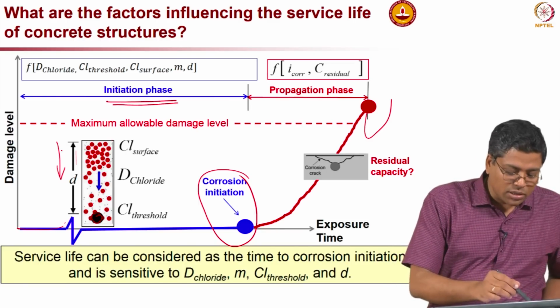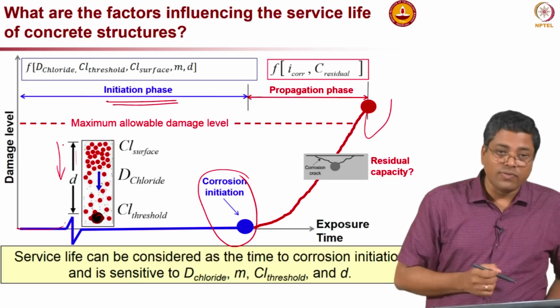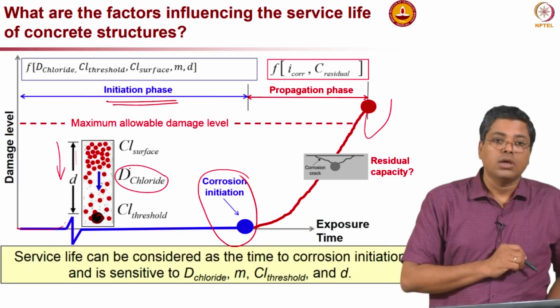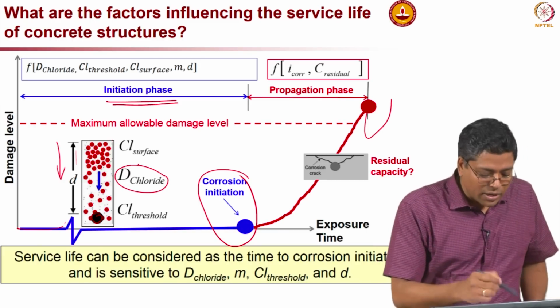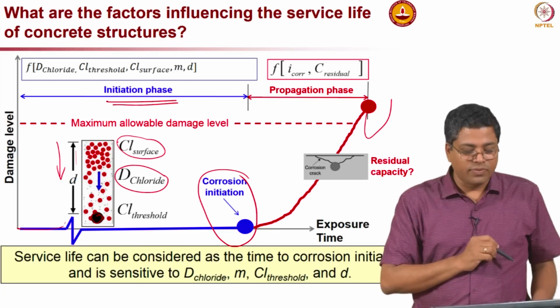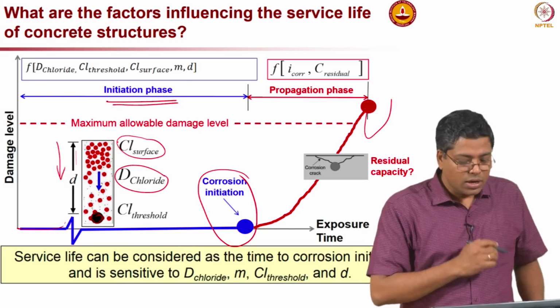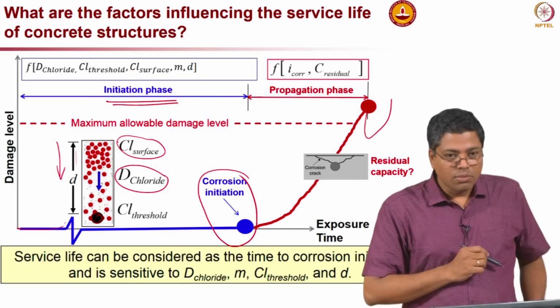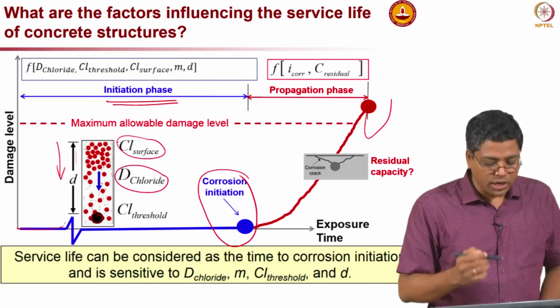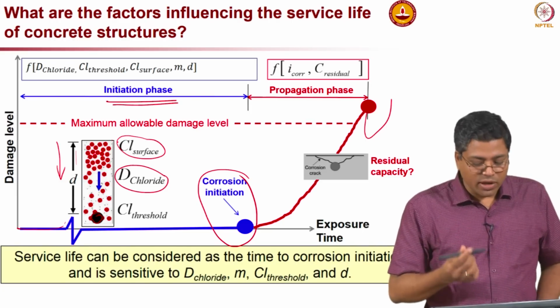One parameter to quantify that rate of diffusion is the chloride diffusion coefficient, and another important parameter is the surface chloride concentration. For example, a structure exposed directly to sea water has much more chloride than a structure exposed to airborne chlorides, which may be far away from the seashore.